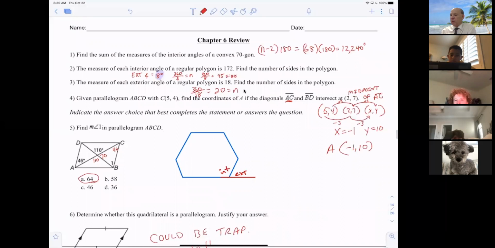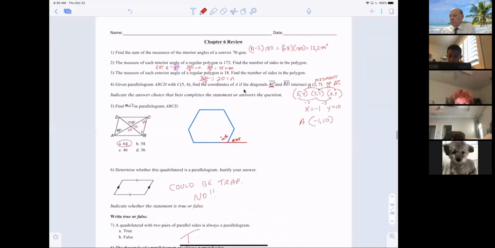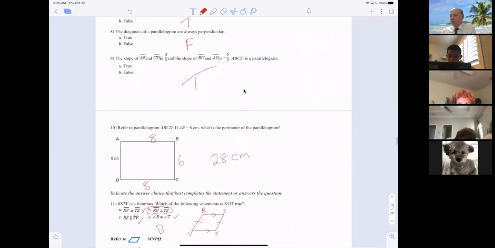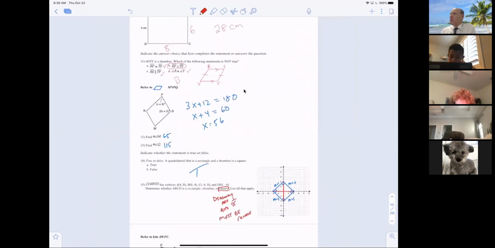Anybody have any questions on the rest of the first page? Anybody? All right, let's see what's going on 10 through 15.